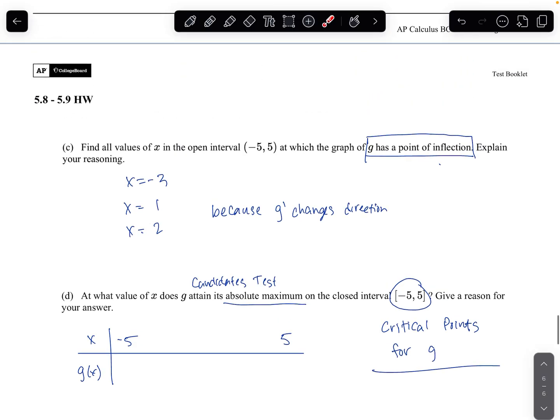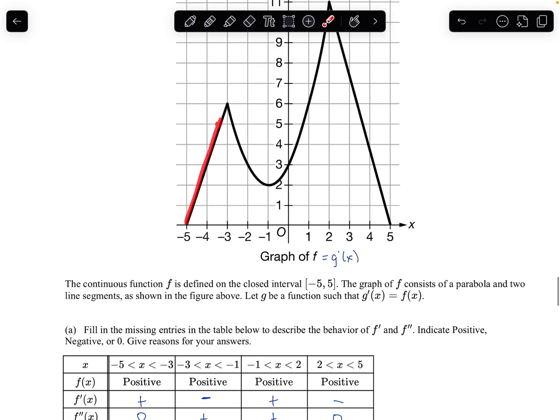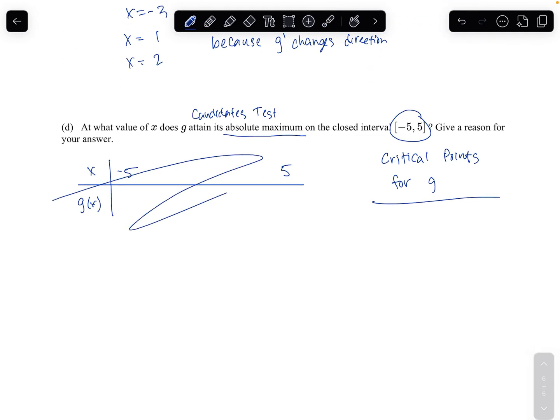Okay, so you can see here that this is the graph of g prime, and it's always positive. So g prime is always positive, which means that g is always increasing.